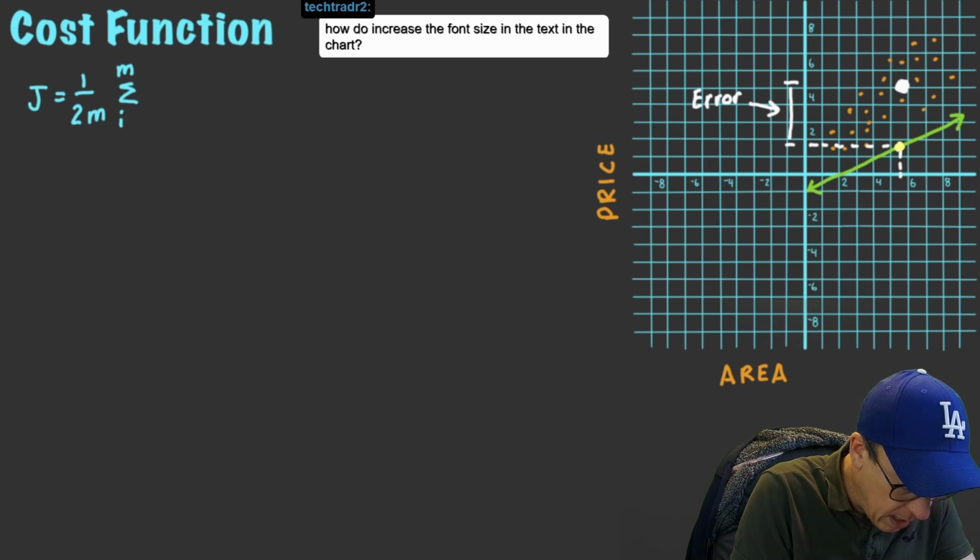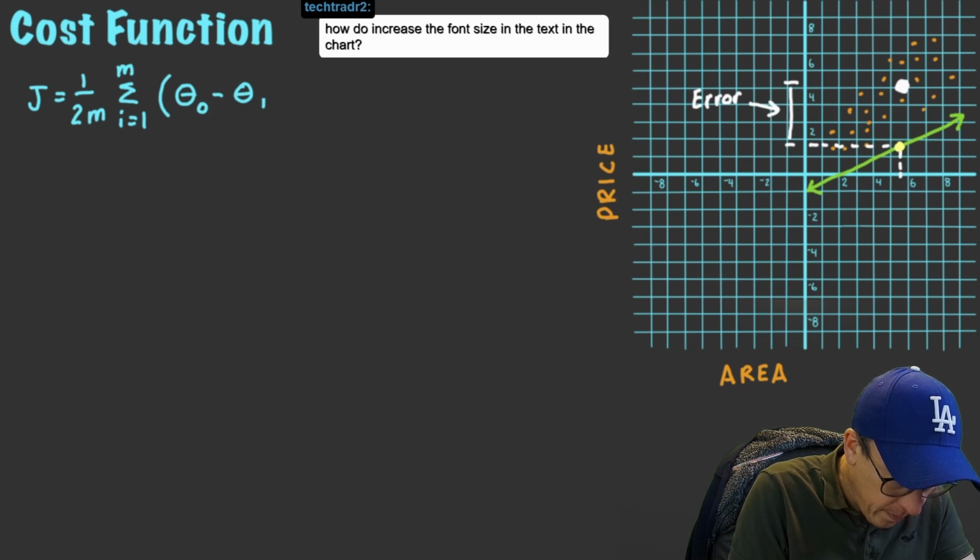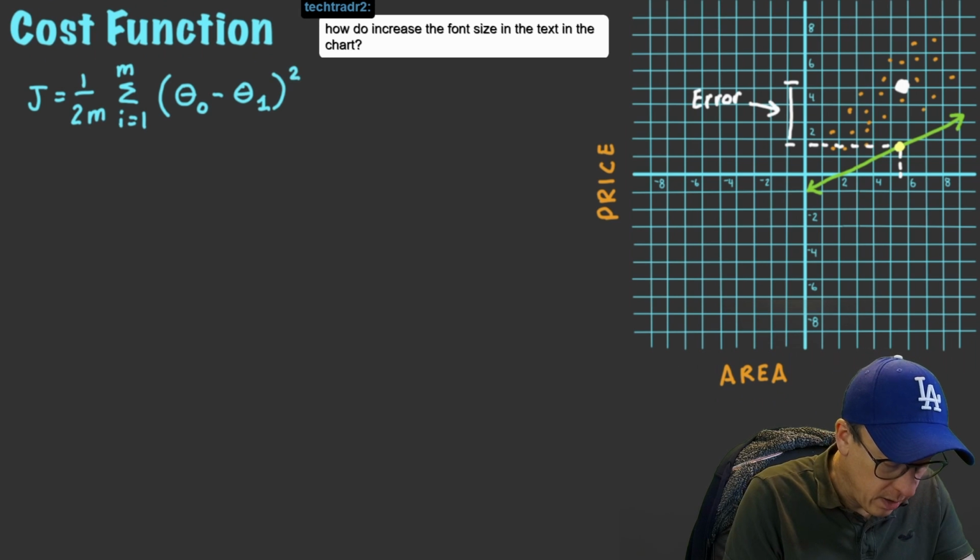So this is going to be i equals 1, and then we are going to have theta 0 minus theta 1, and this is going to be squared.